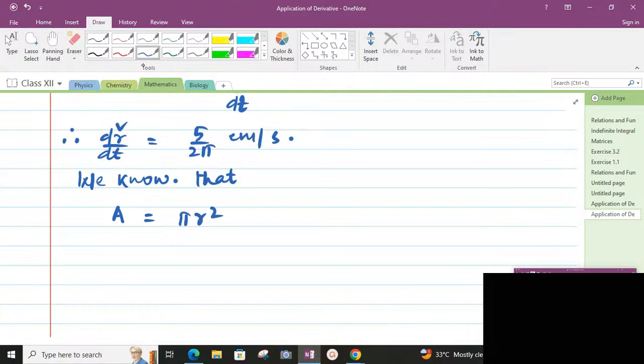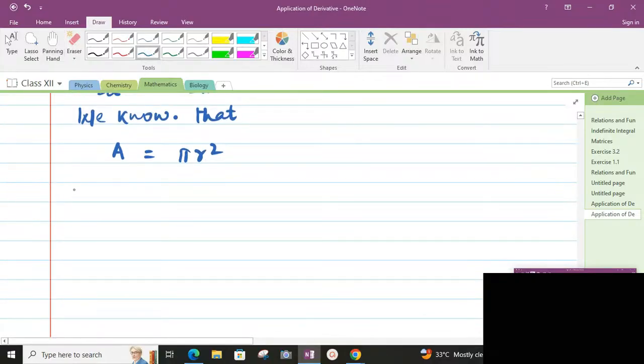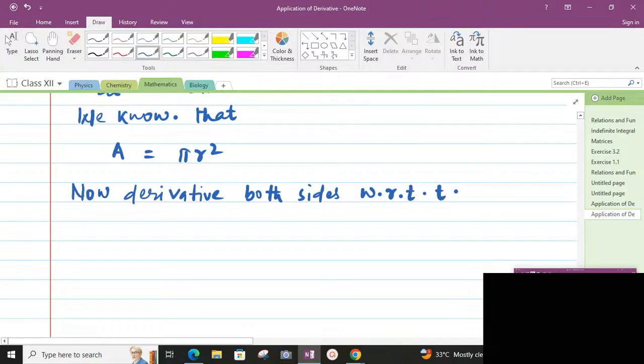Now take the derivative both sides with respect to t. In the left hand side we have dA by dt equal to, here will be 2 pi r into dr by dt.